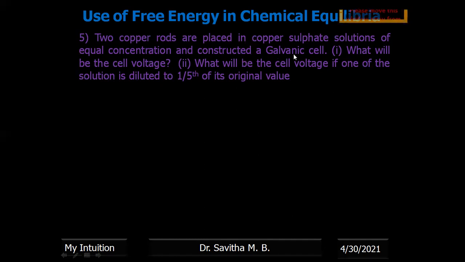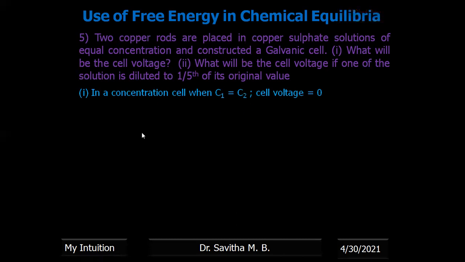The first question is, what will be the cell potential? It means two copper rods, same electrodes dipped in the same electrolyte at the same concentration, that is C2 is equal to C1. Then the cell potential is 0 because C2 is equal to C1. That is the first part.